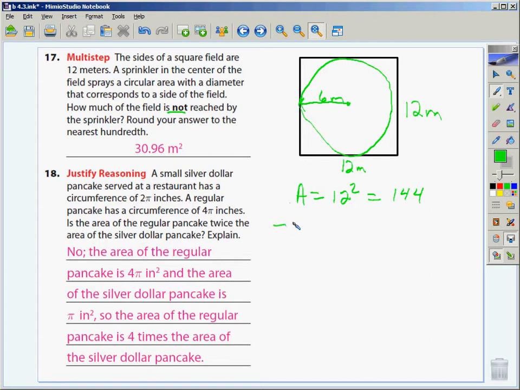And I've got to subtract from it the area of the circle, which is pi r squared, which is going to be 36 pi. 36 times 3.14 is 113.04, and I'm going to subtract that from 144. And it gives me 30.96 meters squared. This area is not going to get watered.